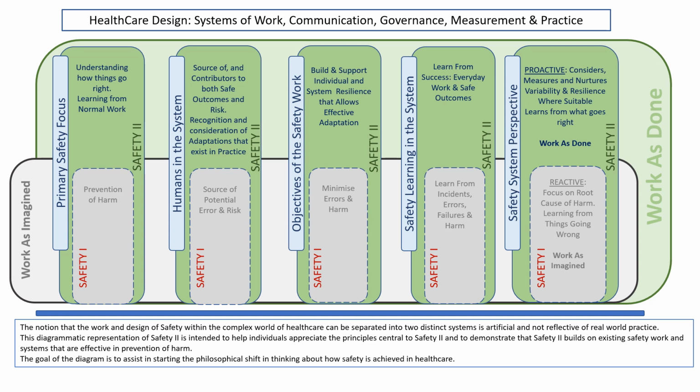Instead, it builds on it to create a more powerful way of recognising risk and reducing harm. The first column, Primary Safety Focus, maintains the emphasis on preventing harm, but recognises that we can prevent harm more effectively by learning about how things both go right and how they go wrong, or learning from normal work.